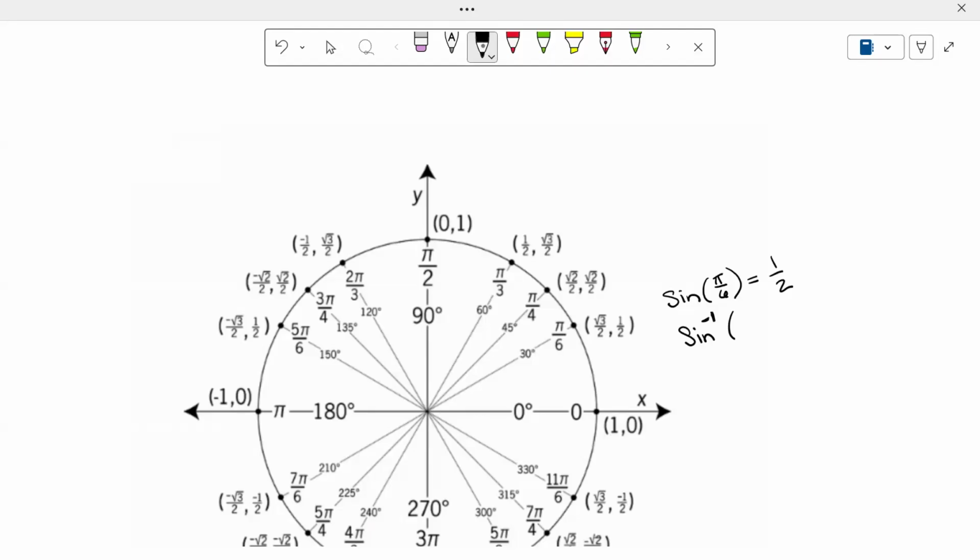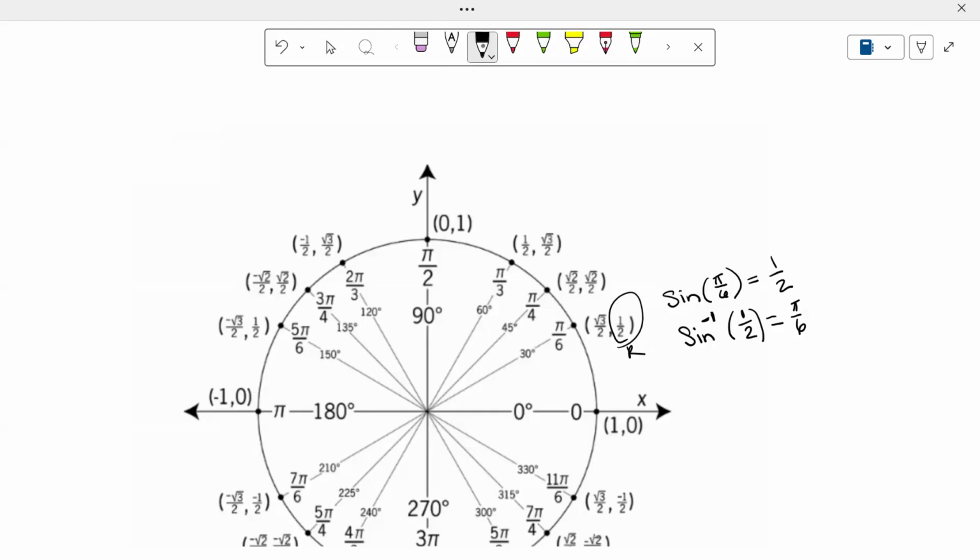So the inverse will say, oh, I have the ratio of 1/2. What angle produced that ratio? And it will map it back to pi over 6. Okay, so the inverse takes the ratio and figures out what angle we're talking about.